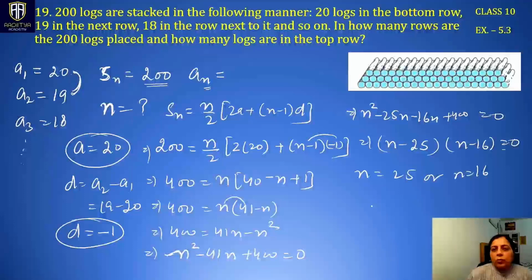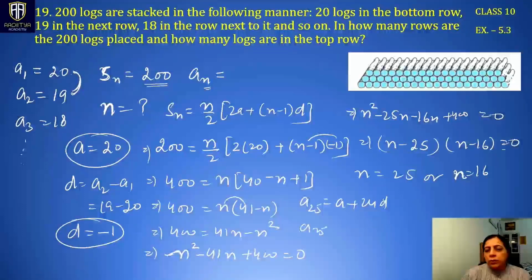So before writing any option, we have to check. If I take n as 25 or n as 16, can we rule out any number out of them? How can we do that? See, find An. A25. What is A25? This is a plus 24d.